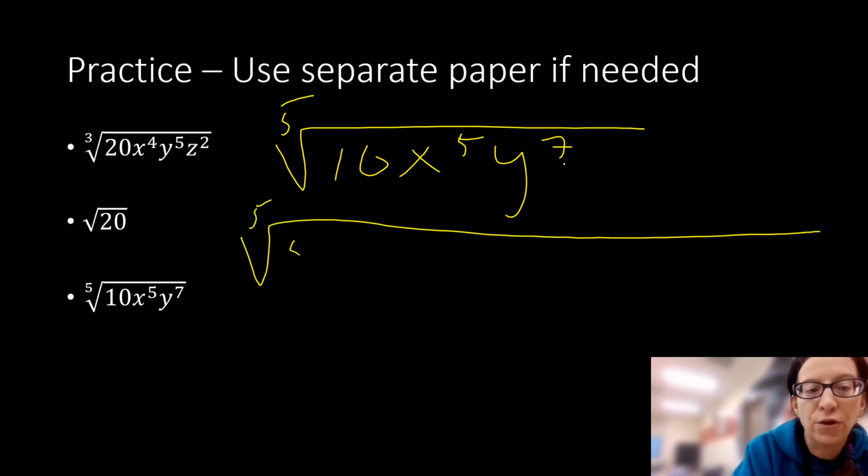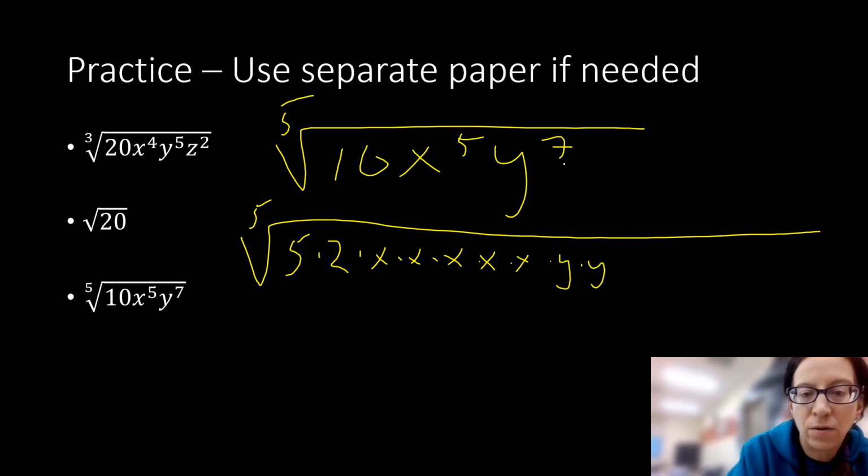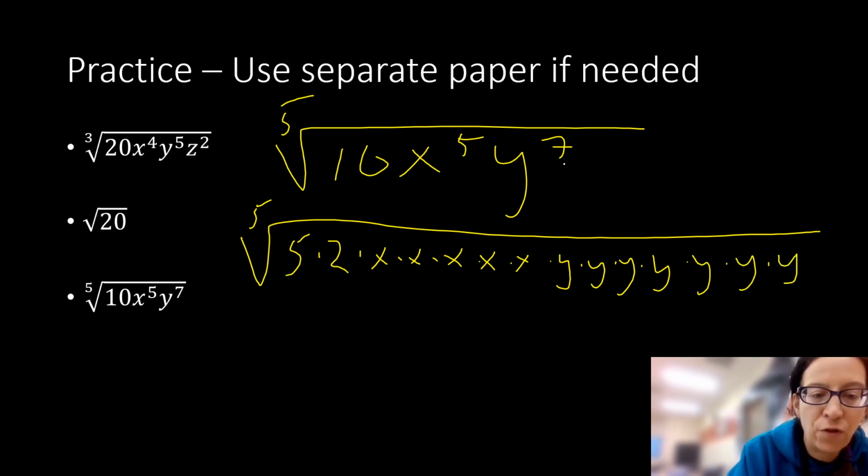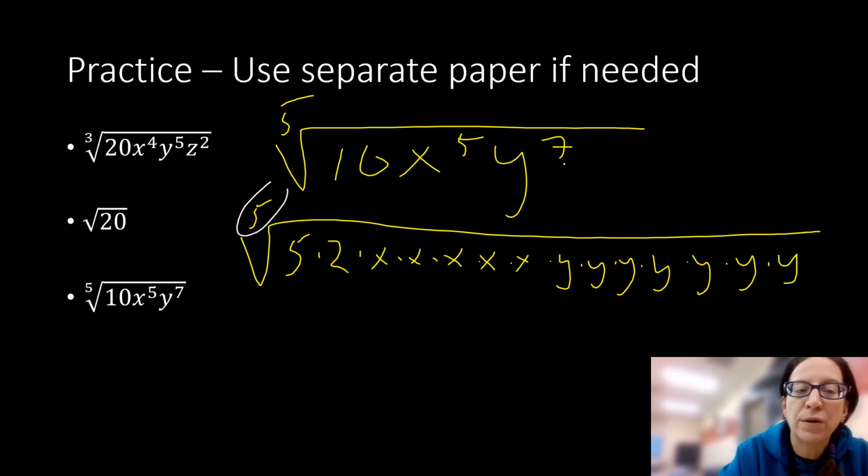10 factors into 5 times 2. Then we have 5 x's and a whopping 7 y's. And it is a fifth root. So we're looking for groups of 5. Don't fall for pulling that 5 out. You're not looking for 5s.